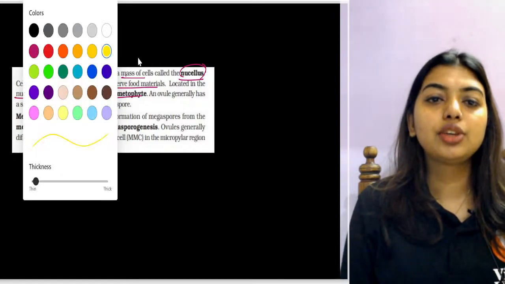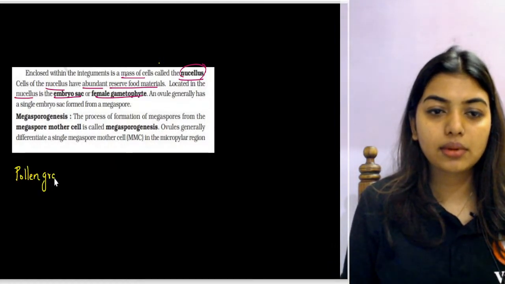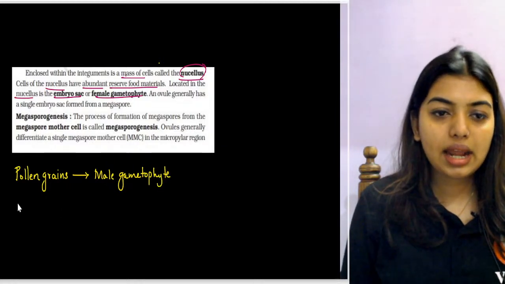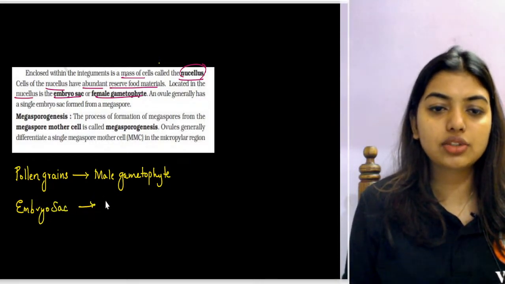So again, you have to learn two things here. Pollen grain is the male gametophyte, and the embryo sac is the female gametophyte. Why I'm stressing this is many students go wrong.